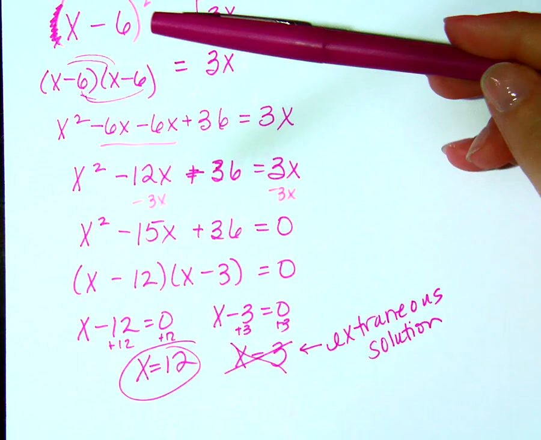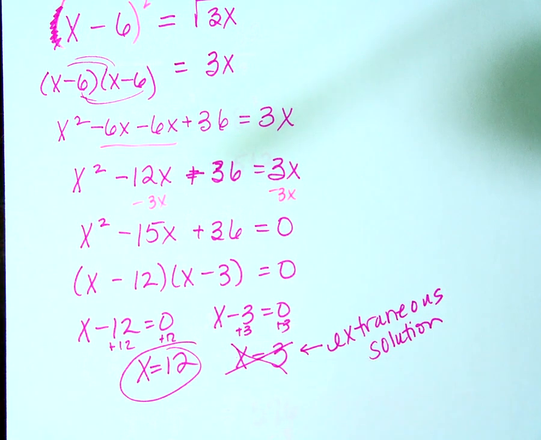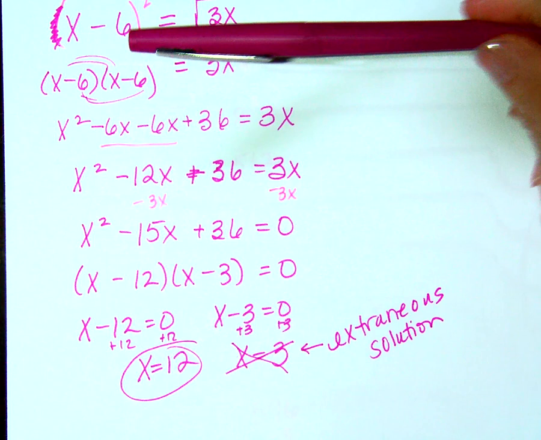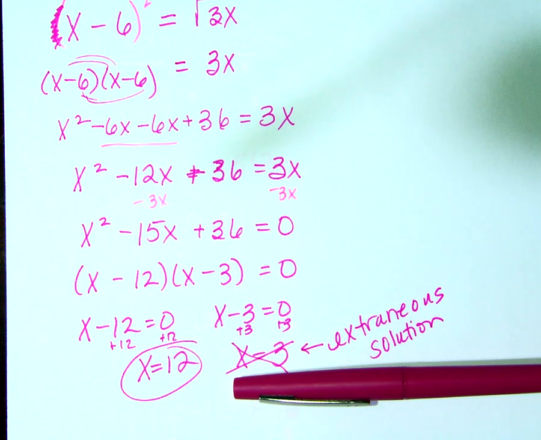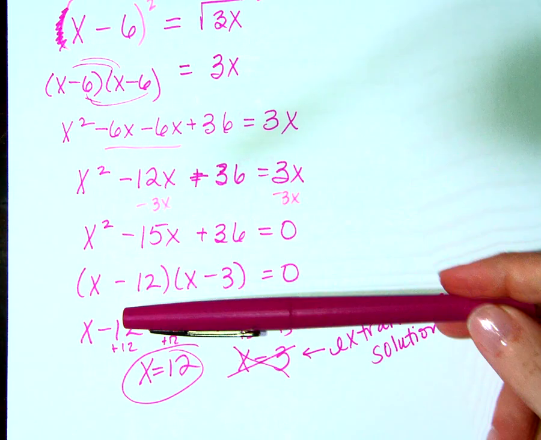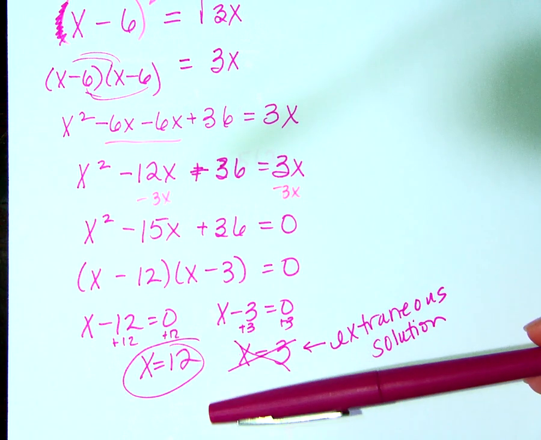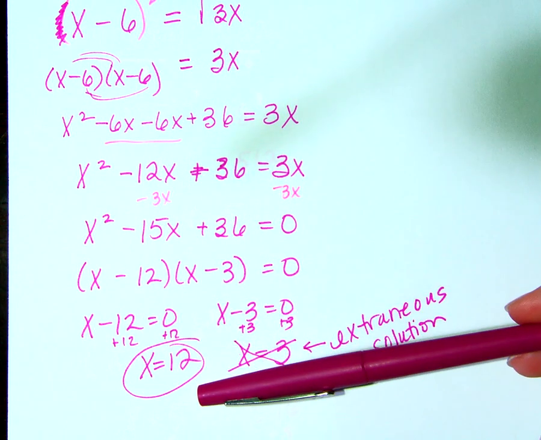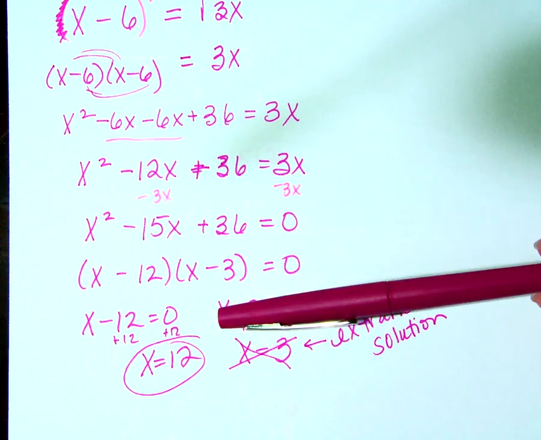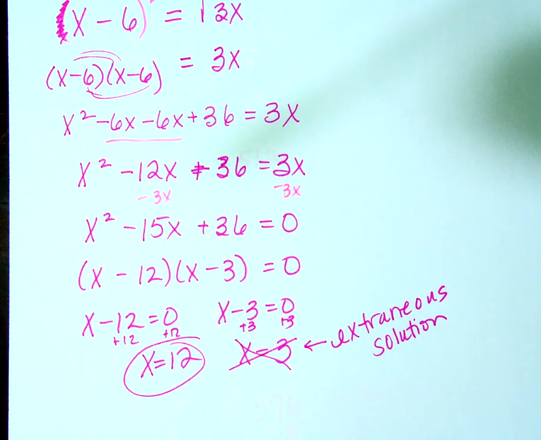Are there problems that I do all the way through and get 2 answers and they both work? Yes. Are there problems where I get 2 answers and neither one works? Yeah. Are there problems where I get 4 answers? Like 6 answers? 1 answer? Yeah. But I'm only going to know if they work or not if what?